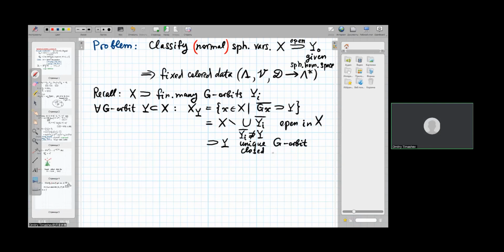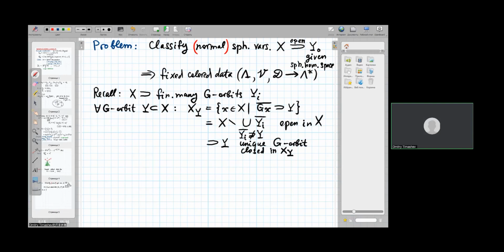It may be non-closed in X, but it is closed in X sub Y, just because by definition all other G orbits in X sub Y contain Y in their closures. So Y is the unique closed G orbit in X sub Y.